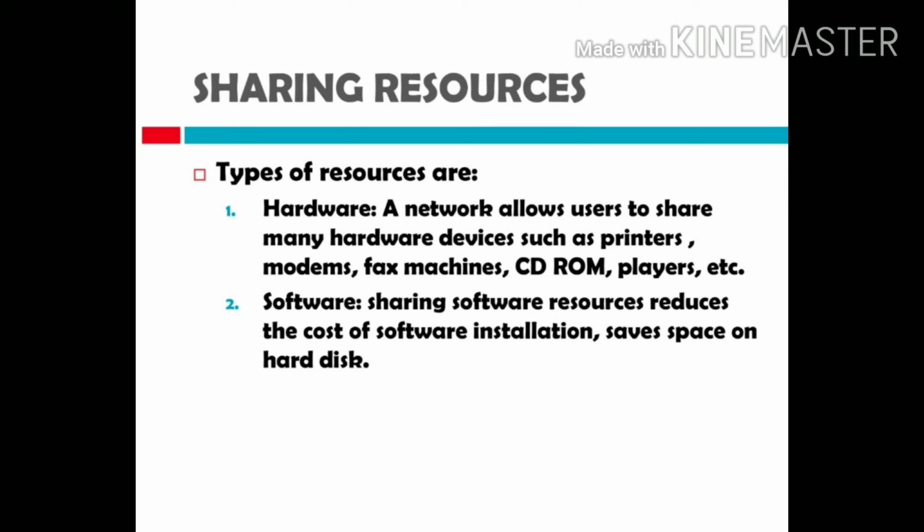That is possible by sharing a network. If the connectivity is not there, if the systems were not interlinked together, then it is not possible. So these are the resources for sharing on networks, and these are the types.